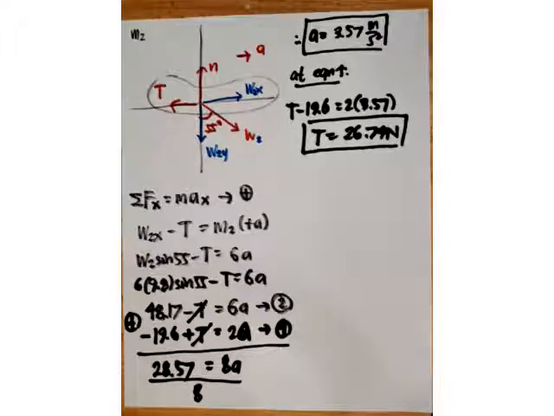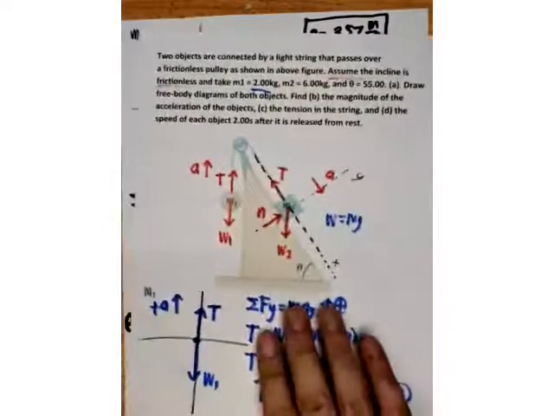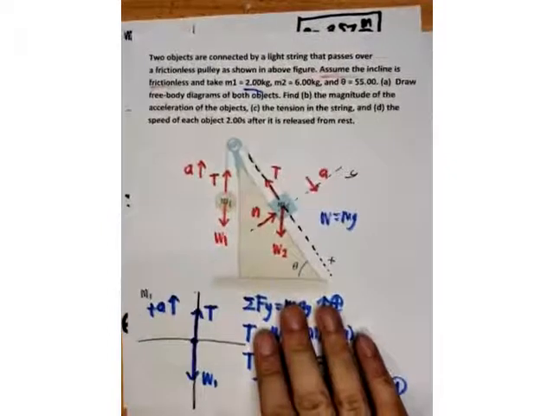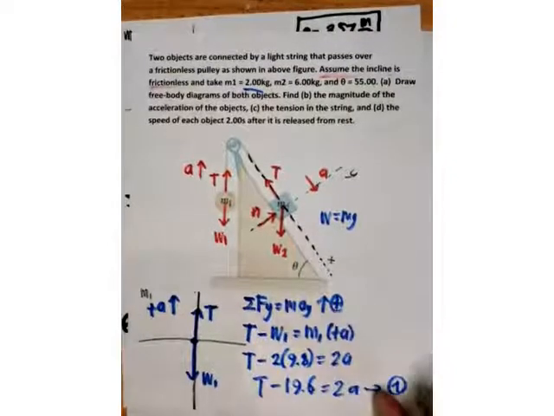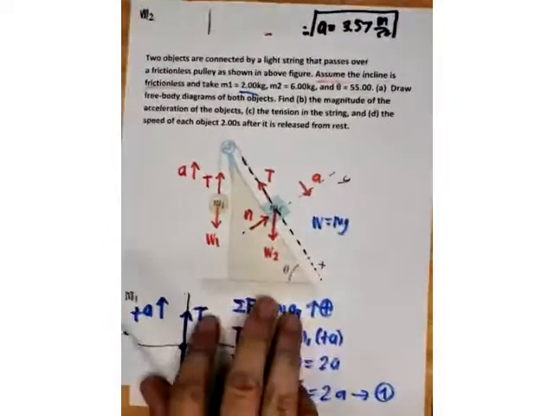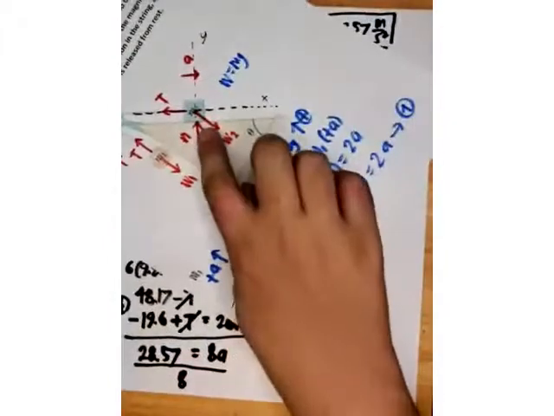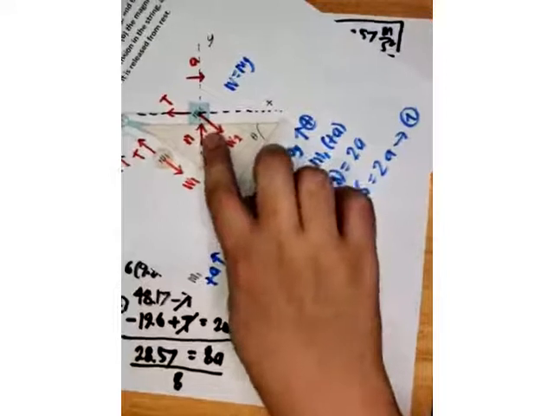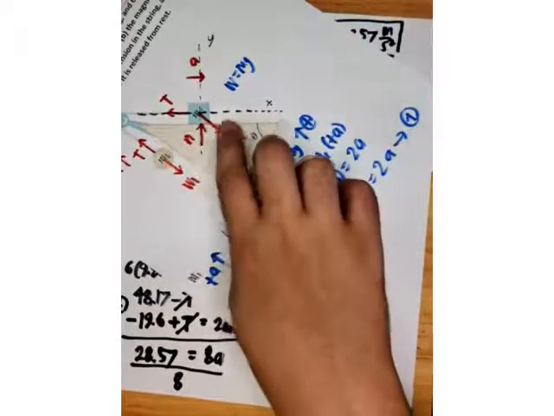Sir, why is the N upward? Isn't it downward along Y? This is our figure, so this is where we got it. The direction is towards the object and perpendicular to the axis.